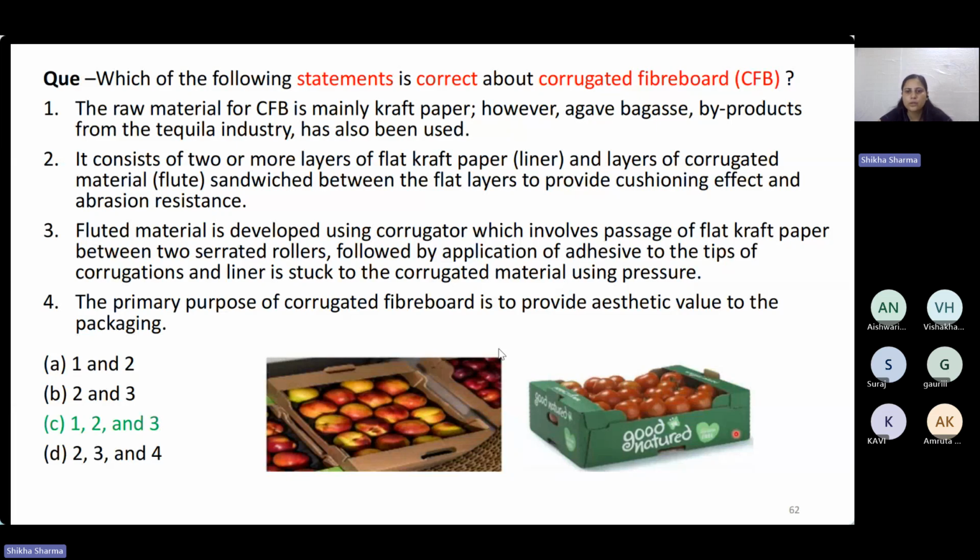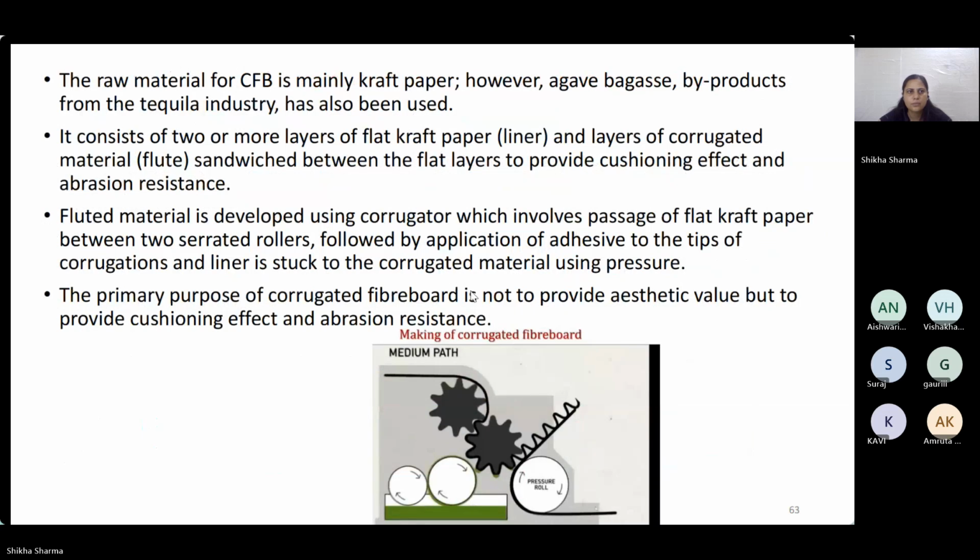So these are the CFBs or corrugated fiber boards. The raw material for CFB is mainly kraft paper. However, agave bagasse, which is the byproduct of textile industry, can also be used.